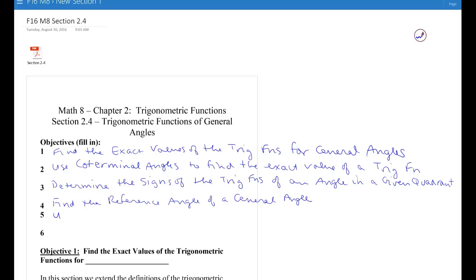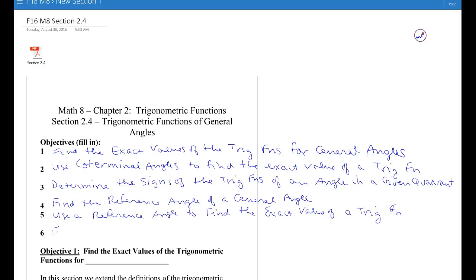Then we're going to put that all together and use a reference angle to find the exact value of a trig function.